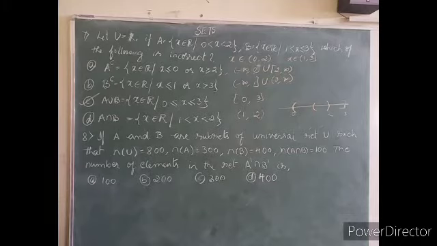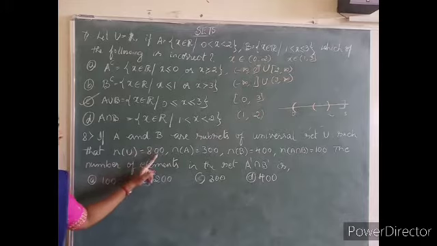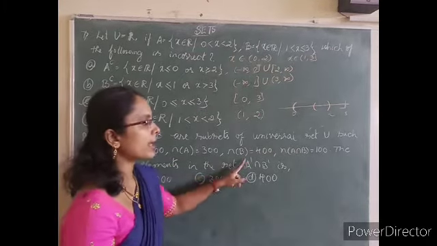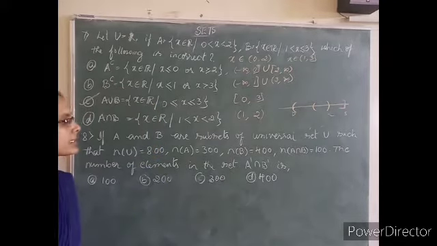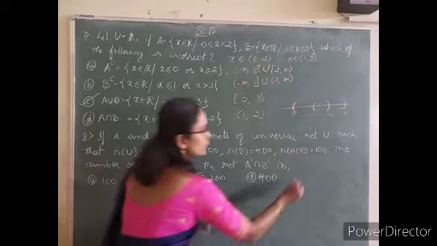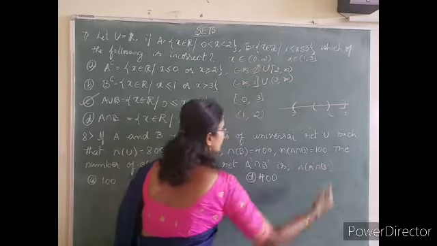If A and B are the two subsets of a universal set U such that n of U, that is number of elements in the universal set, is 800, n of A is 300, n of B is 400 and n of A intersection B is 100. The number of elements in the set A dash intersection B dash, that means we have to find n of A dash intersection B dash.